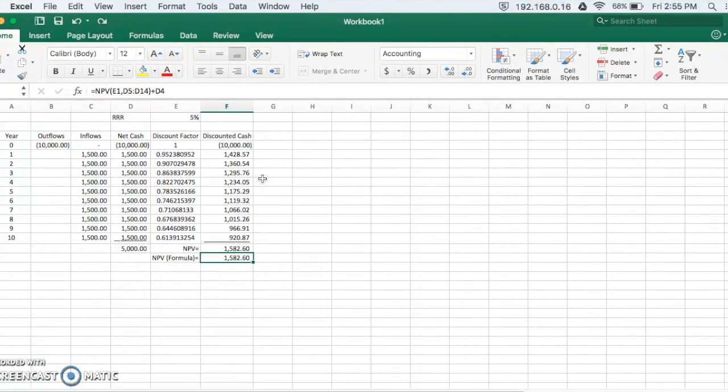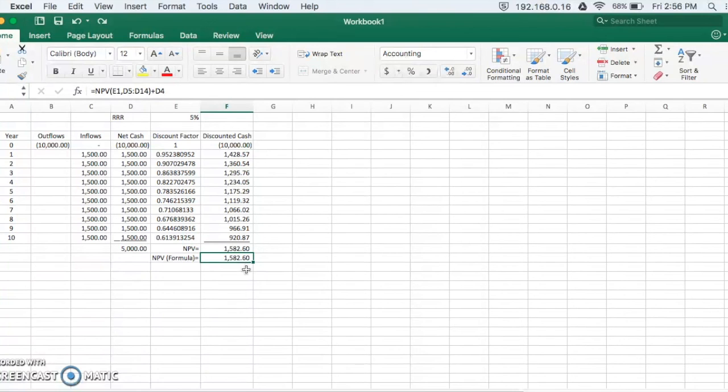So that's the two ways you can do it. Clearly using the formula is the easiest, but I wanted to show you manually and then show you the formula, so that you get the same answer, and if you do the NPV formula correctly, you get the correct answer.